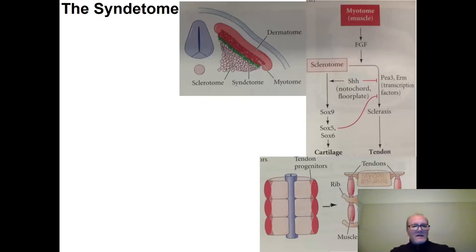So what are the signals that are important here to make sure that these cells know that they need to become syndetome? Well, the gene that defines syndetome is scleraxis. So scleraxis is the gene that is expressed in the cells that need to become syndetome, okay?